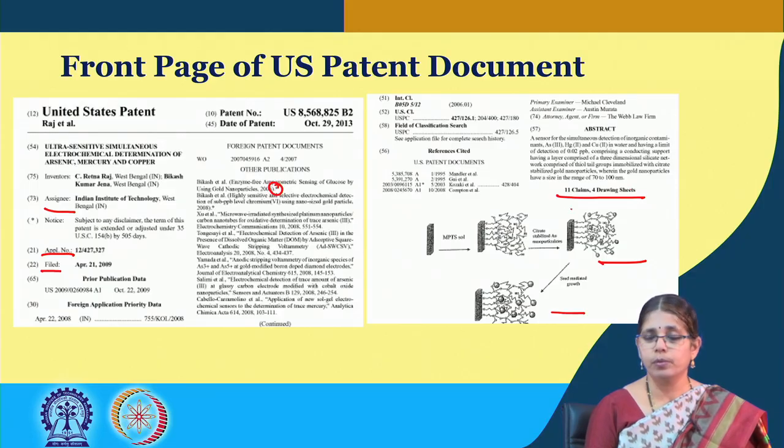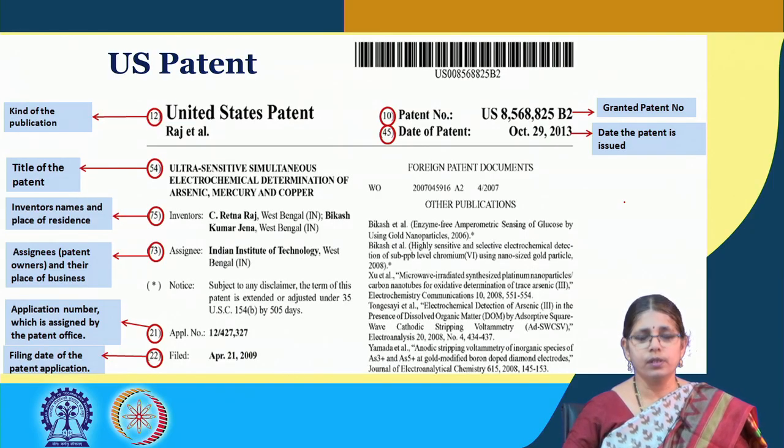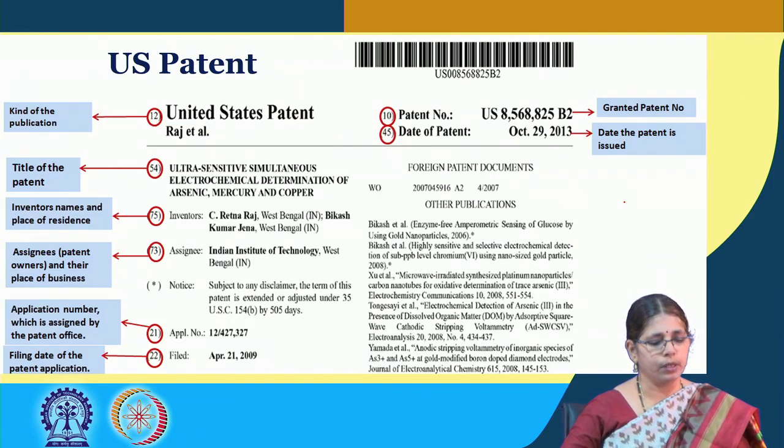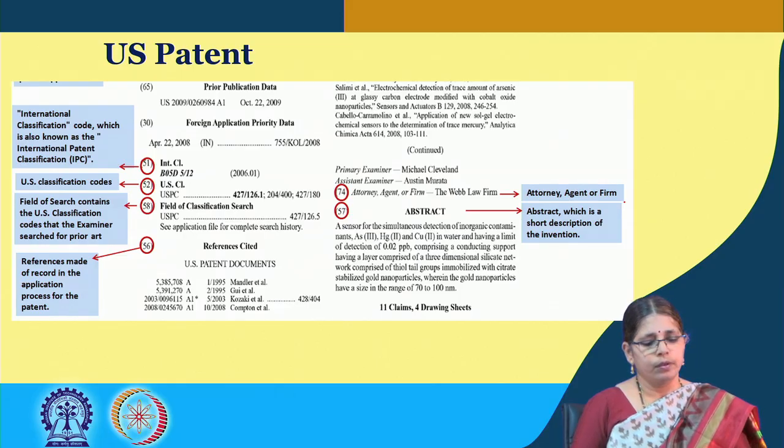So, there are 11 claims and there are 4 drawing sheets in this particular application. This is a marked page for you to understand how the INID codes are actually available on a cover page of the particular patent which we just discussed. So, this gives you a clear view of the bibliographic data in relation to patent applications.